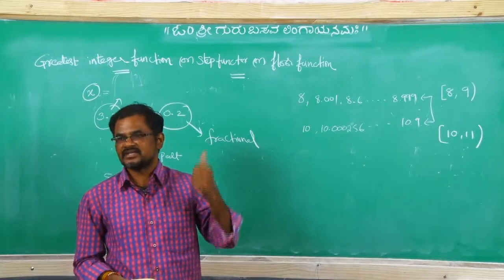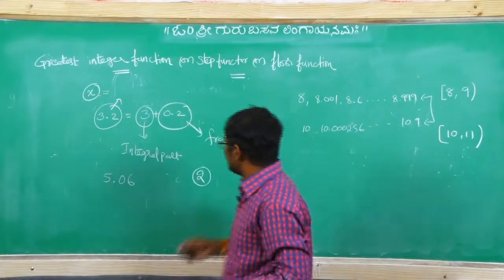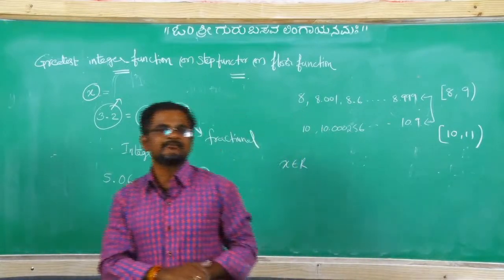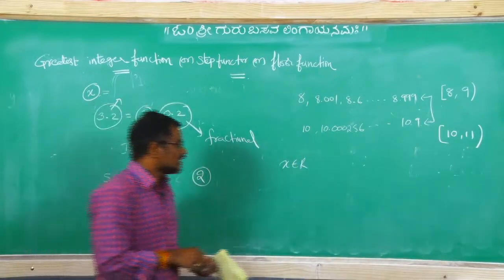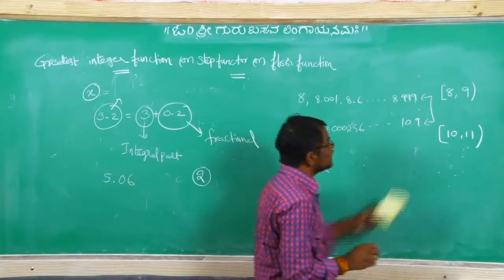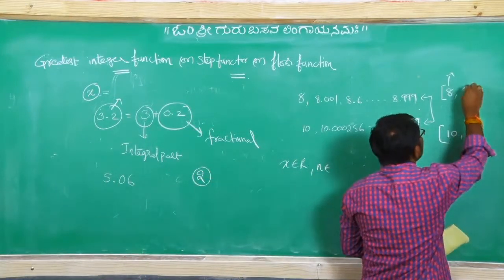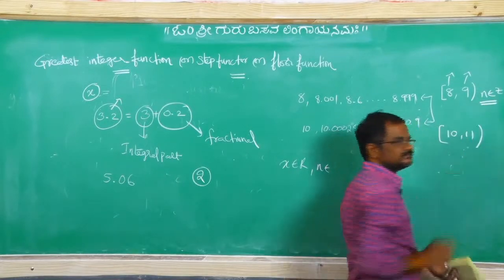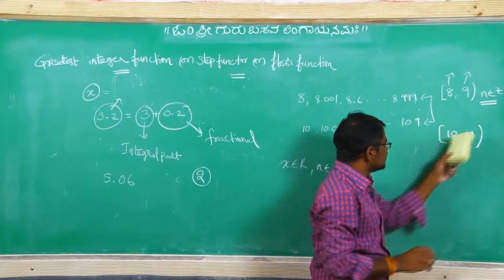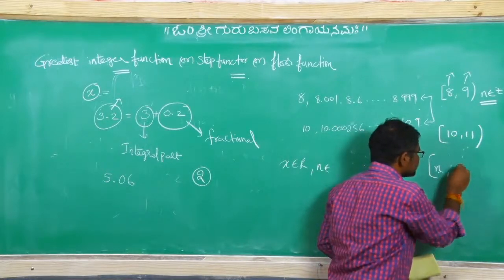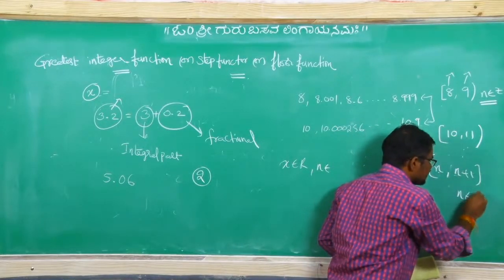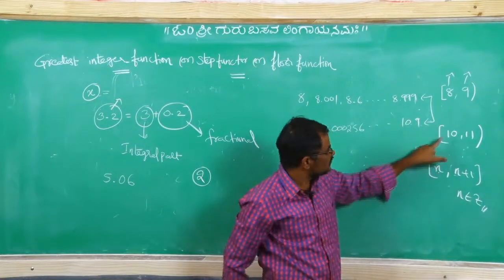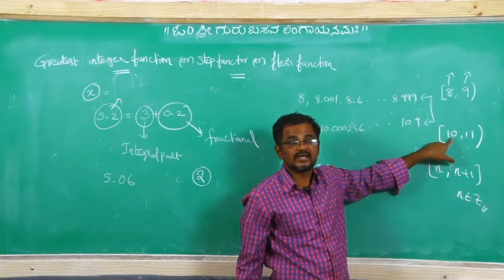Means by this one you can define the greatest integer function. What does that mean? x is a real number. One value x I am taking, from the real numbers. Here, these two should be integers only, or not? Means by these two, can you take one example, closed interval n and n plus 1, where n belongs to integers, or not? Can you write this as 10.2? We can't write it, 10 only.